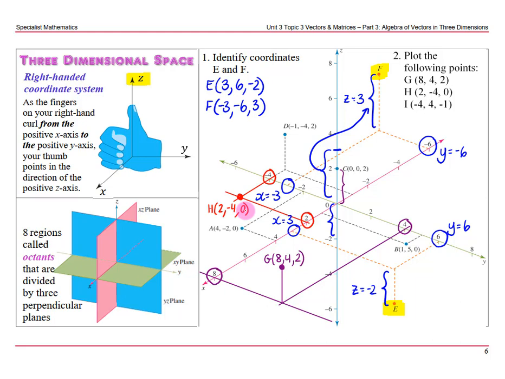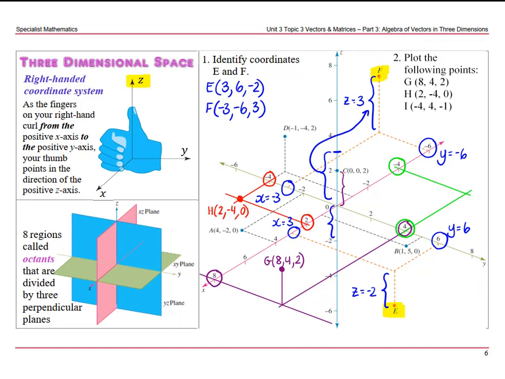Now try your final one. So x is -4, y is 4, and z is -1. So x is -4, y is 4, and we're going to have to go down 1. So let's draw our lines in. So you can see where those two lines are intersecting. Now I need to go down the equivalent of 1 unit on my z-axis.